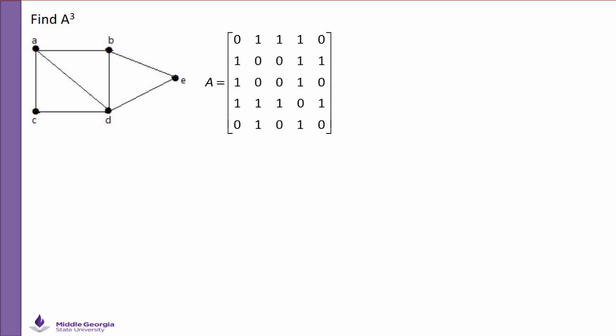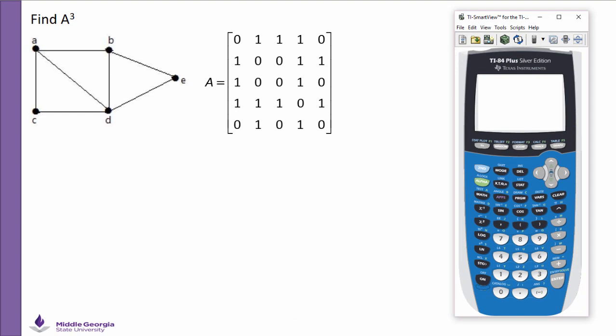So we're going to find A cubed. We've got our matrix A. Our first step will be to pull out our calculator and enter matrix A into the TI-84 calculator. To do that, we press second to get matrix, move over to the right to edit, and we'll select A to store our matrix.